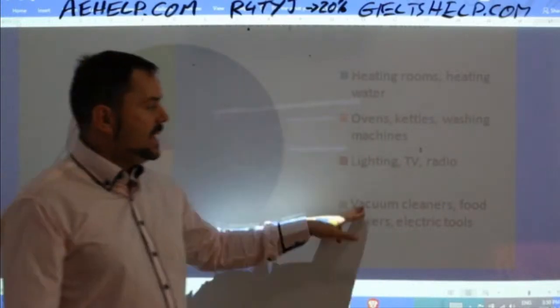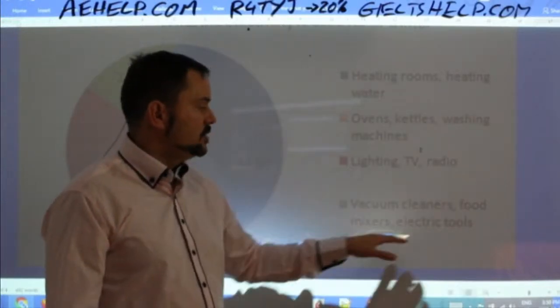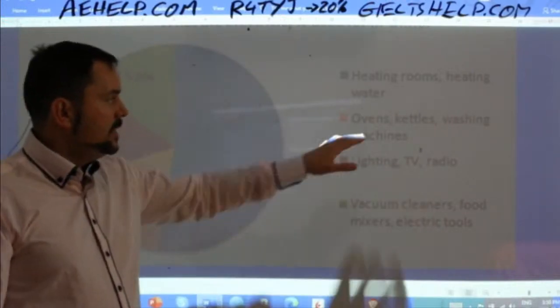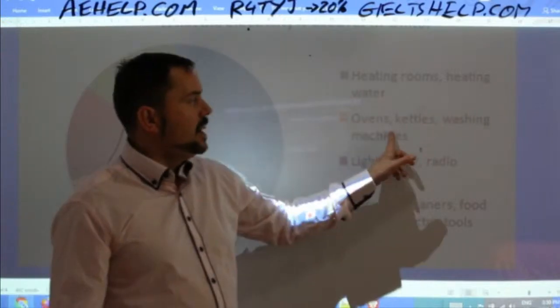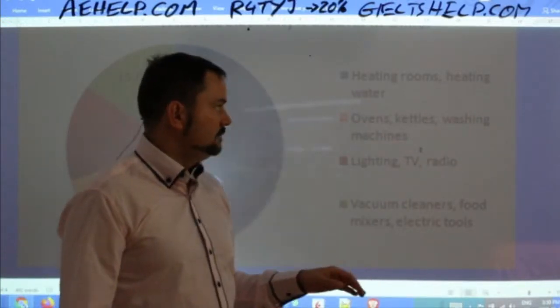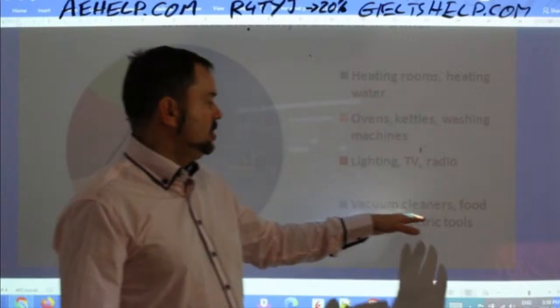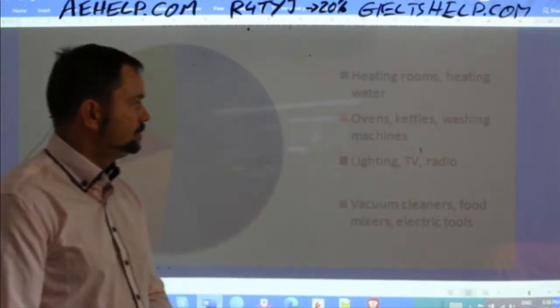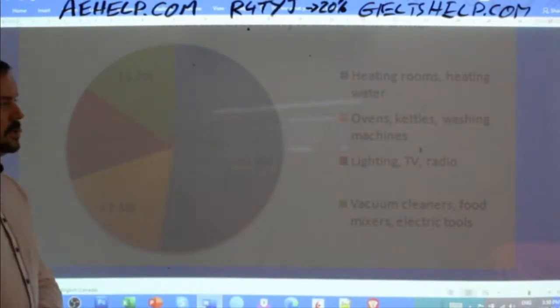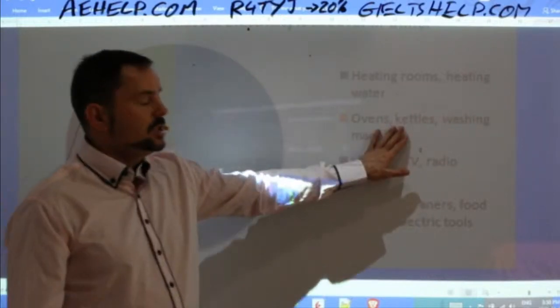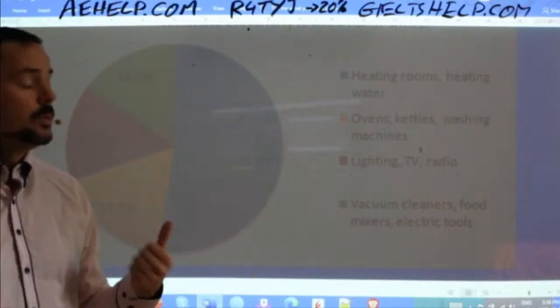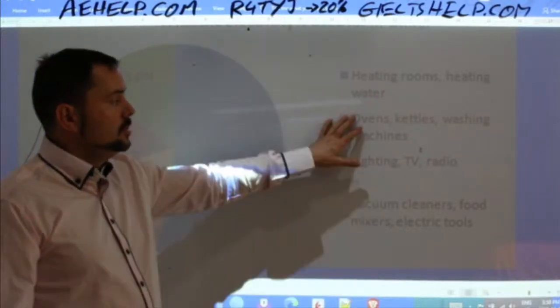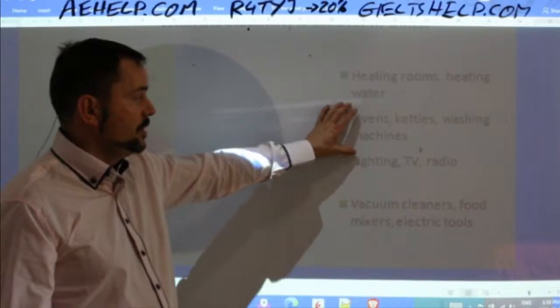Okay? Vacuum cleaners, food mixers, electrical tools, and then the other one is ovens, kettles, washing machines. What are these? So what is an oven, a kettle, a washing machine? What is a vacuum cleaner, food mixer, electrical tool? So ovens, kettles, washing machines, it kind of sounds like we're talking about larger appliances that use electricity to generate heat.